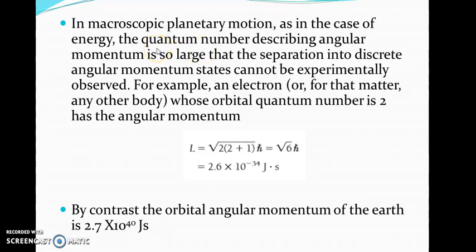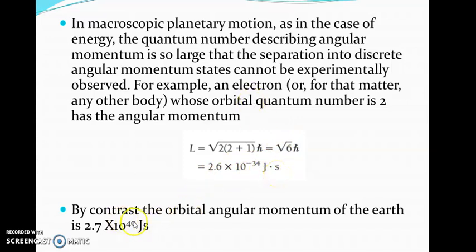But we do not observe quantization there. The quantum number describing the angular momentum is so large for planetary motion that the separation between the levels is very, very small. That cannot be experimentally observed. For example, the electron having an orbital quantum number 2 has an angular momentum root of 2 into 2 plus 1 cross h, that is root 6 cross h, which is 2.6 into 10 to the power minus 34 joule seconds.